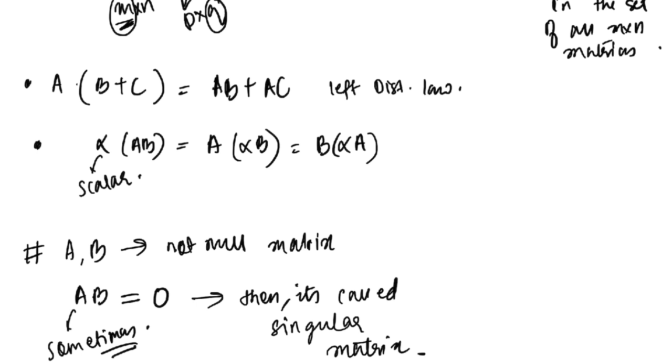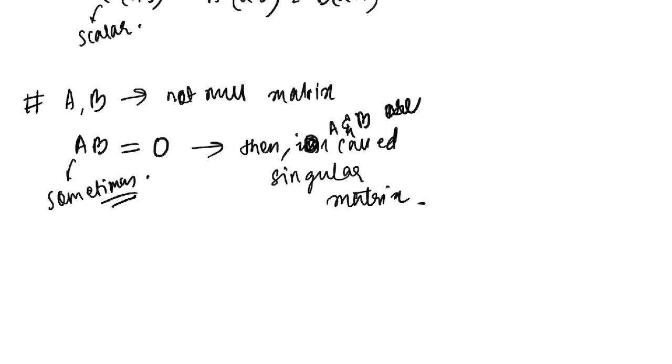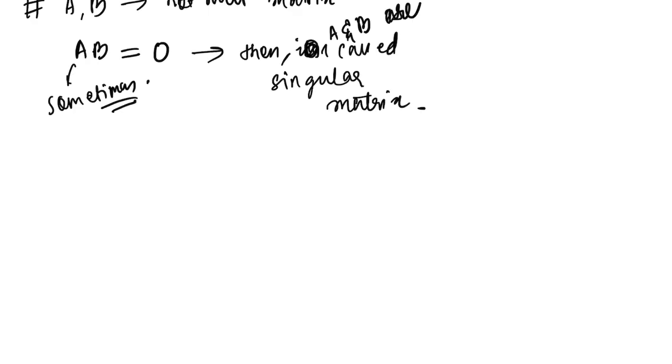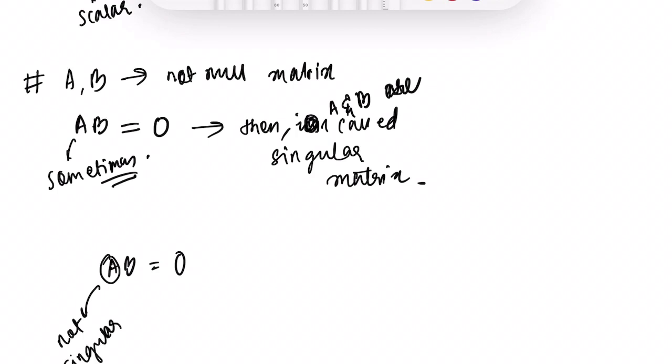Okay, then this is going to be called a singular matrix. What is going to be called? This A and B are called singular matrices. Okay, then now, if in any question you're given that AB is equal to 0 and it's mentioned that A is not a singular matrix, then what can we derive from it?